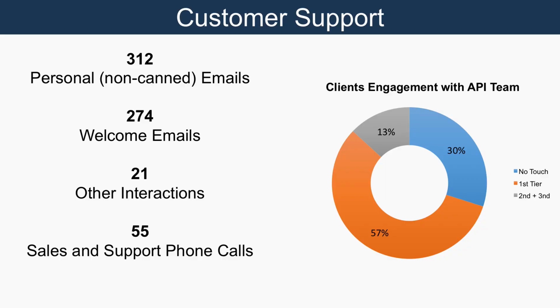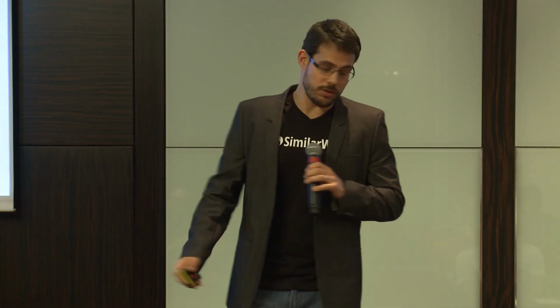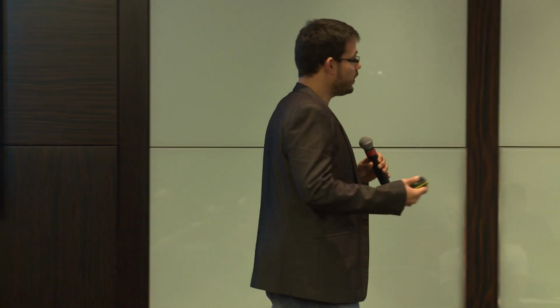And in order to create that, I started with a dream plan. And then I looked at the actual numbers. How many emails I'm sending, how many phone calls I need to make, how many outgoing, how many incoming, other interactions, and especially what is the percentage of paying clients, not leads, I need to emphasize, that are buying the API without me touching them in some way.